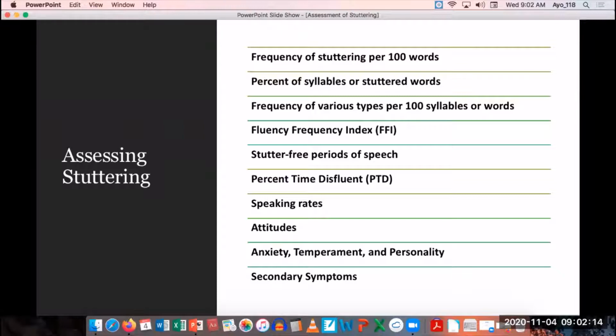However, the child might not, but what will your responsibility be as the speech pathologist? You might not put the child in formal therapy, but what would your responsibility be to that child? Anna, you have any idea? I'm going to pick on people. Not really. Other than just being aware.